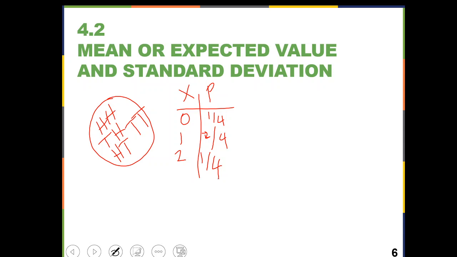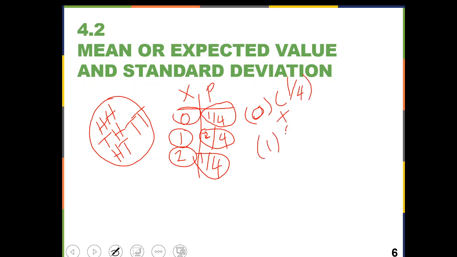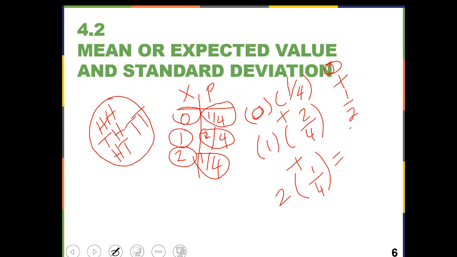Now, if we take each probability and multiply it by the value of x and add them, so 0 times 1/4 plus 1 times 2/4 plus 2 times 1/4, what we're going to get is 0 plus 1/2 plus 1/2.